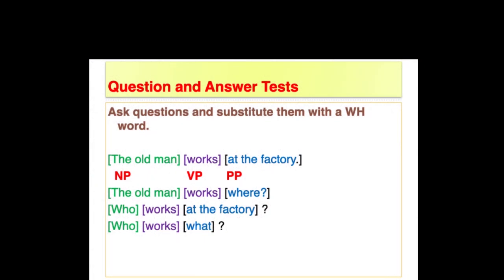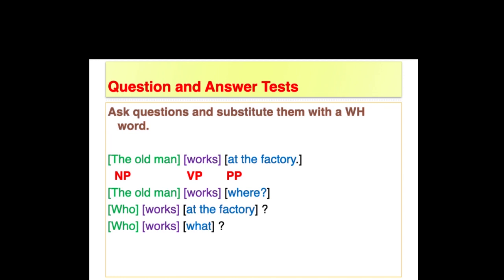Another way to check whether constituents are units or not, single units or not, we can ask questions and substitute them with a WH word. Okay, let's have the same example. The old man works at the factory. We can ask a question about at the factory, about the PP.